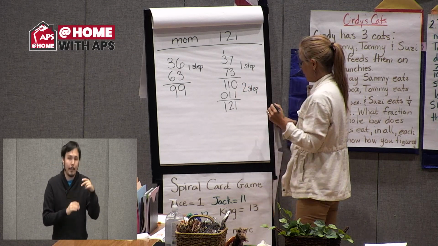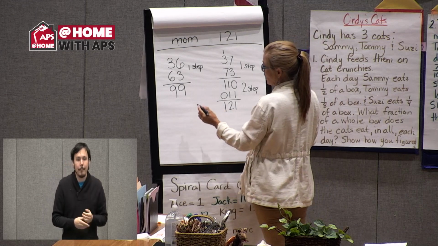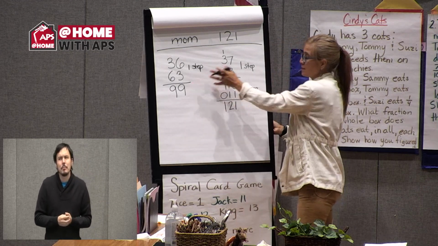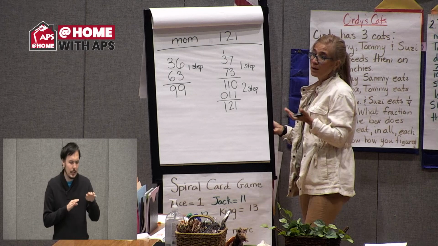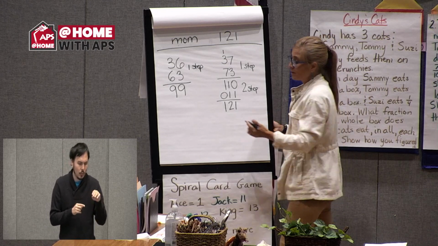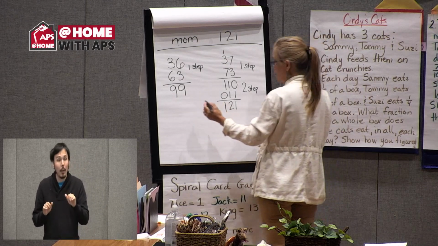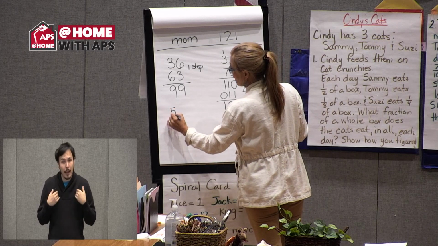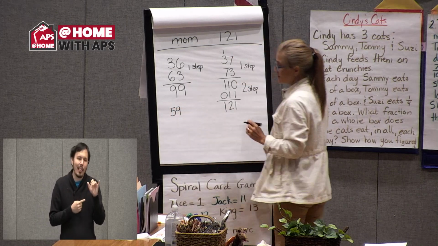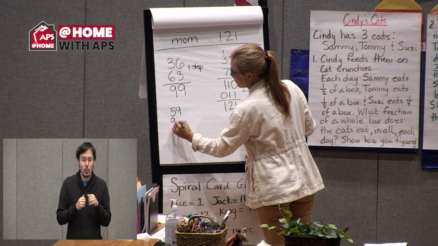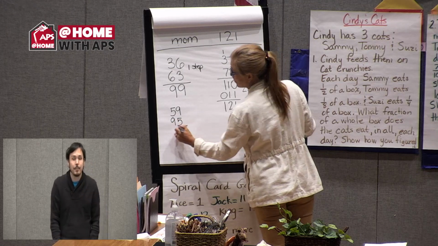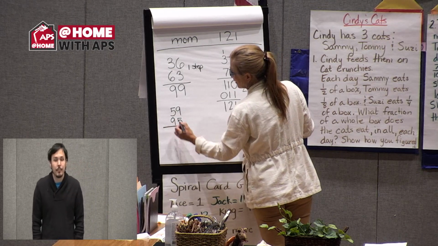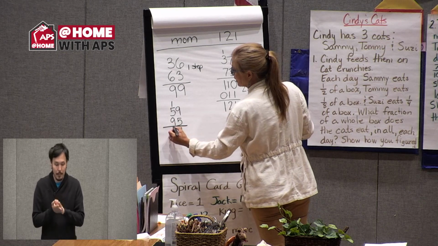palindrome. So some numbers are one-step, some numbers are two-step, some numbers might be three-step. Let's try, how about 59? Let's see what happens with this number. If I add my 9 and my 5, I get 14.